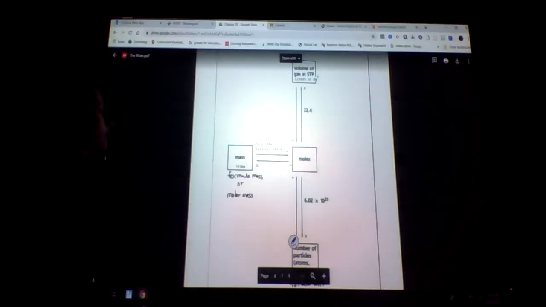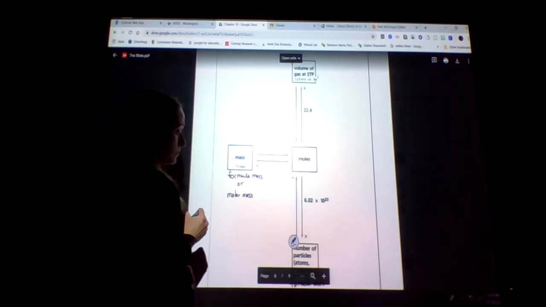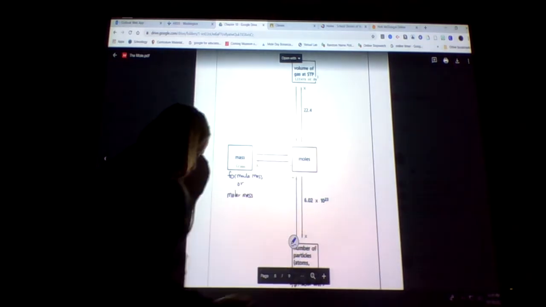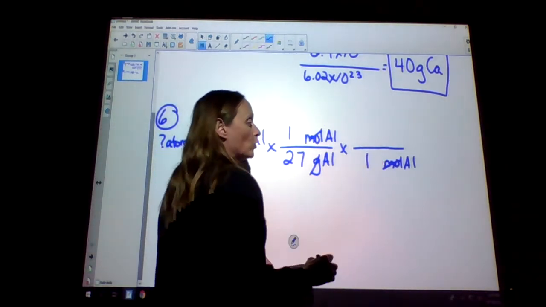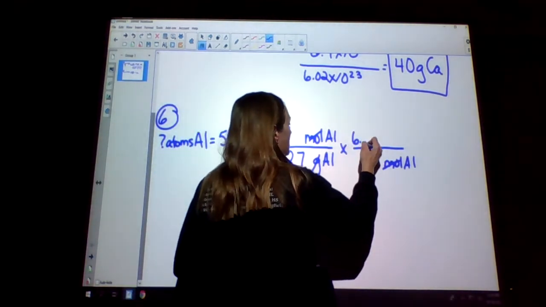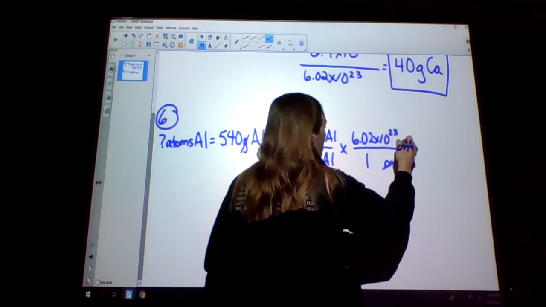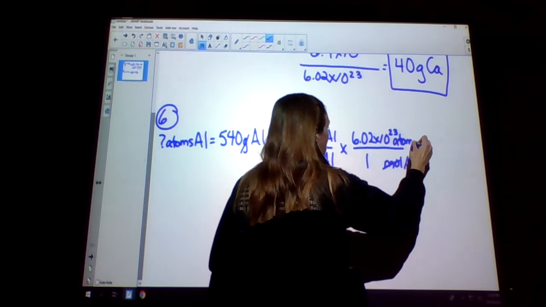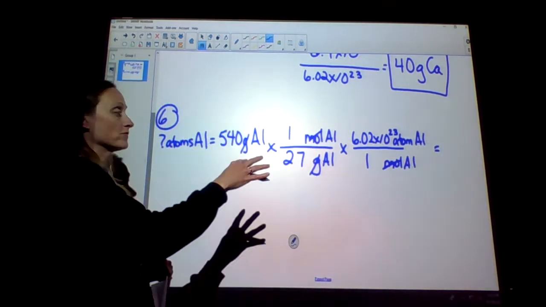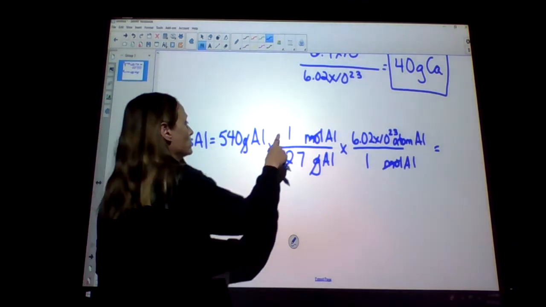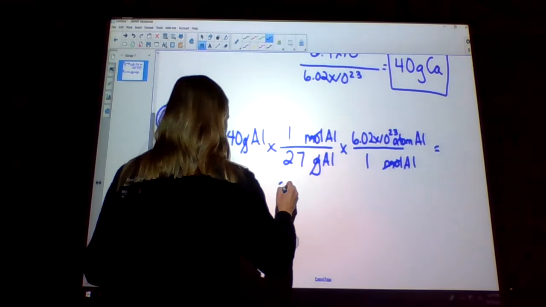We look at our mole diagram. We're going from moles back down to Avogadro's number or number of particles. So that's the number we're going to use in our equality. So the number 1 will always go here with our moles, and Avogadro's number will go up here. Okay, so we're going to multiply everything on top. So 540 times 1 times 6.02 times 10 to the 23rd.